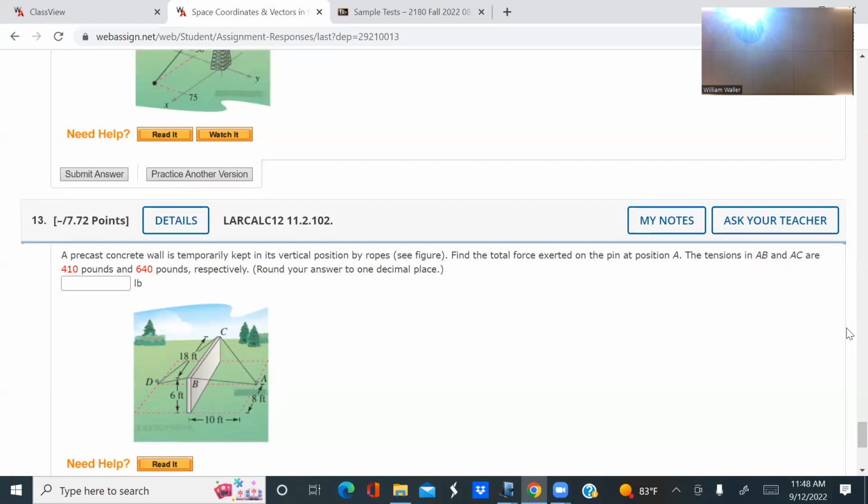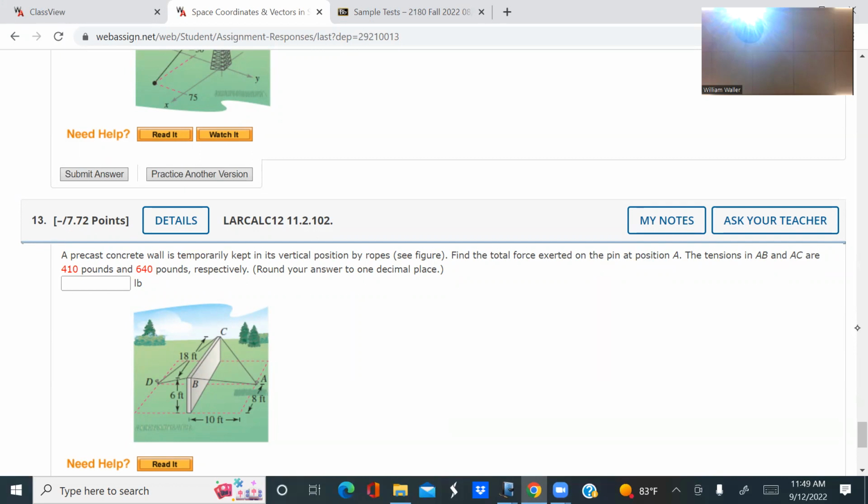Now, that's not just the sum of the two forces, correct? Because of the direction of the ropes, that's going to affect the total force being exerted on A. So unfortunately, you just cannot add up the 410 and the 640.